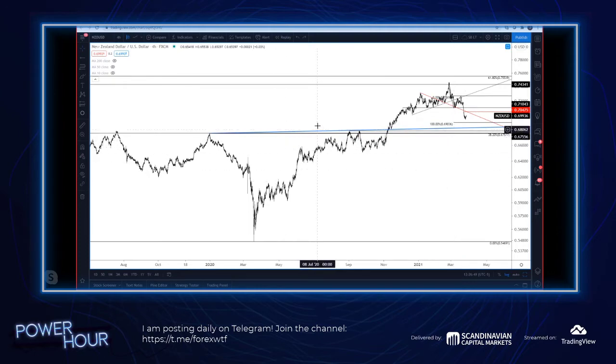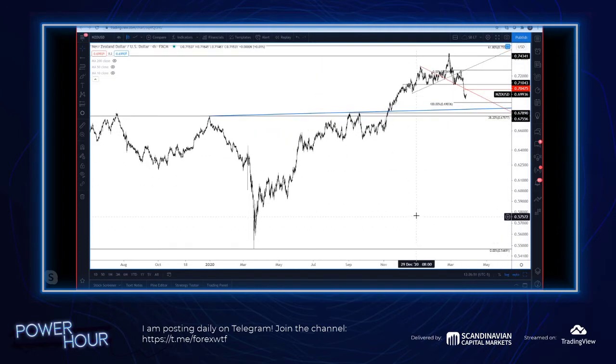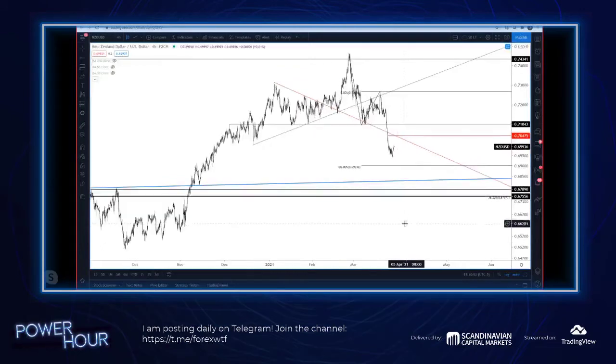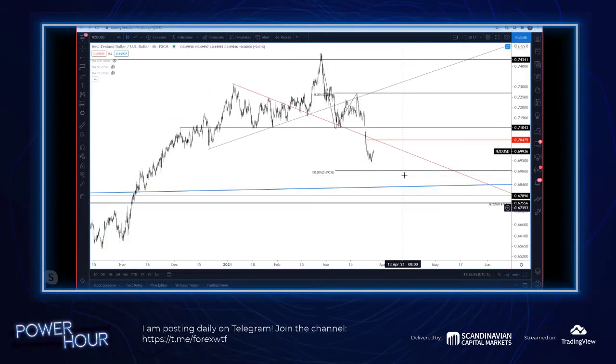So on a shorter term basis, I still want to be selling here. I've got resistance probably up around 70.50. All right, you can see the line here. That's this line. It's former resistance, turned support, watch for it to provide resistance again.